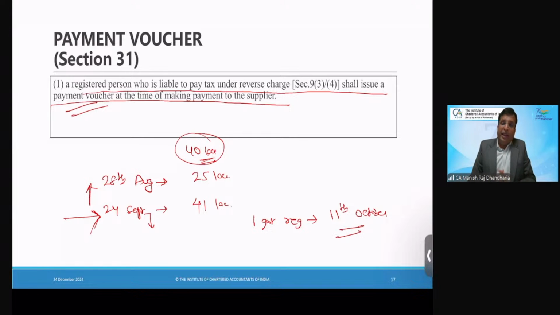Okay. But say me one thing, on 25th when I make a sale, can I collect tax from the recipient? Can I issue a tax invoice on 25th of September? On this date, can I issue?